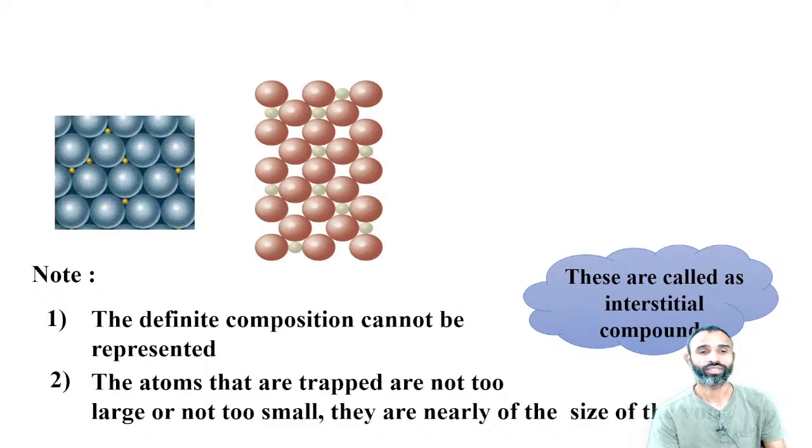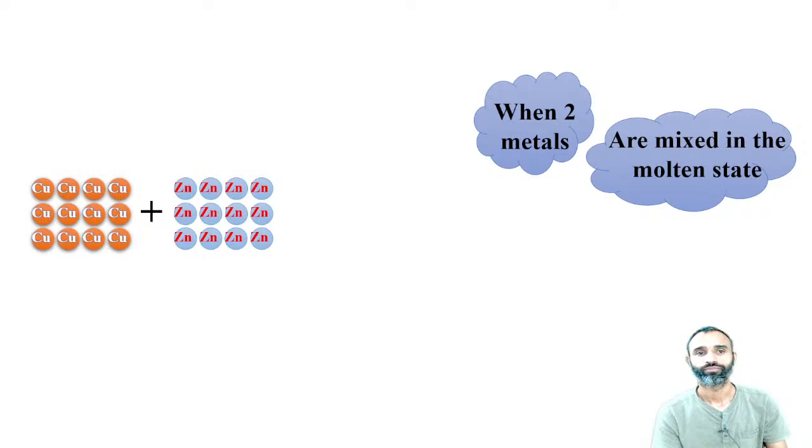Because of this, we cannot represent a definite composition because they are somewhere in between, and there is no formula to calculate how many interstitial species are there. Atoms are trapped, which are not too large or too small, nearly the size of the void. Steel is an interstitial species.